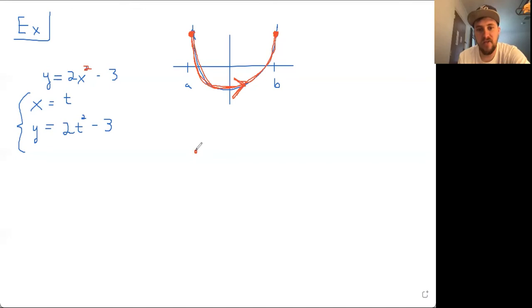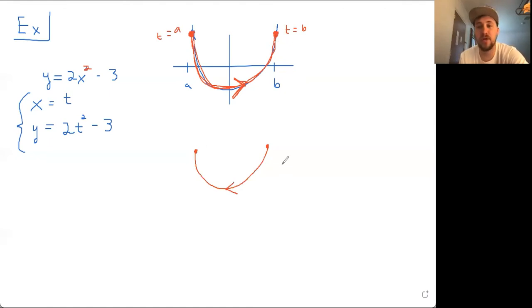And we can define a reverse orientation by taking the same curve, but we parameterize it in the opposite direction. Meaning here at time t equals a, you're at x of a, y of a. And here at t equals b, you're at x of b, y of b, like the point, right?